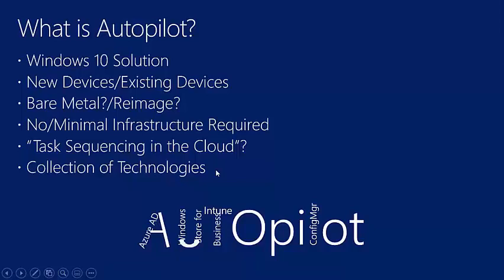Also, Autopilot focuses both on new devices and existing devices. In terms of new, the setup, the pre-configuring of new devices so that they're ready for production use. In terms of existing, being able to take those devices that are in the field, repurpose them, reset them, recover them, and configure them so that you can re-image, quote unquote, them with Autopilot.